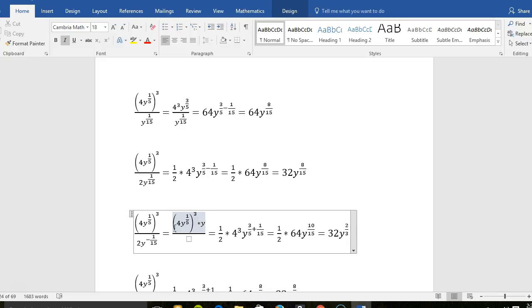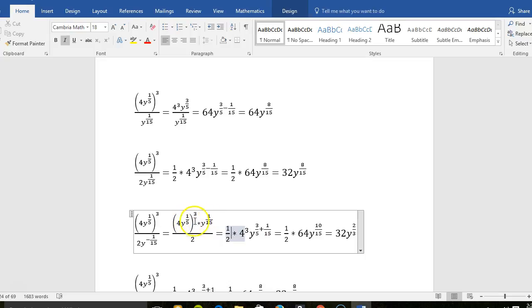Hit a times sign and bring that y to the neg 1/15th up as y to the positive 1/15th. It was negative on the bottom. It jumps up as a positive on the top. Now that 2, you can't bring that 2 up. That 2 has to stay down there. Okay. Since we're dividing by 2, that's going to act like a multiplier of 1/2. So 1/2 times 64 times y.